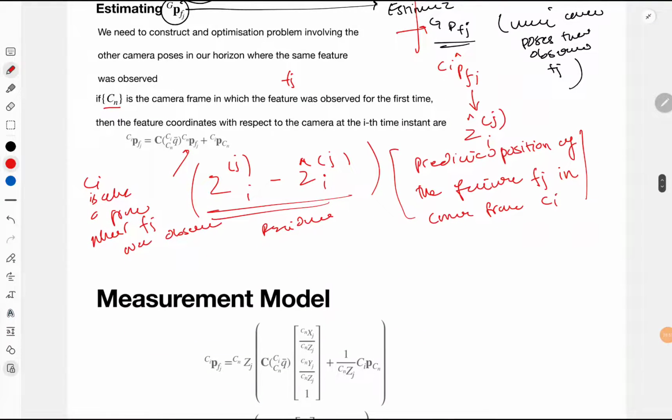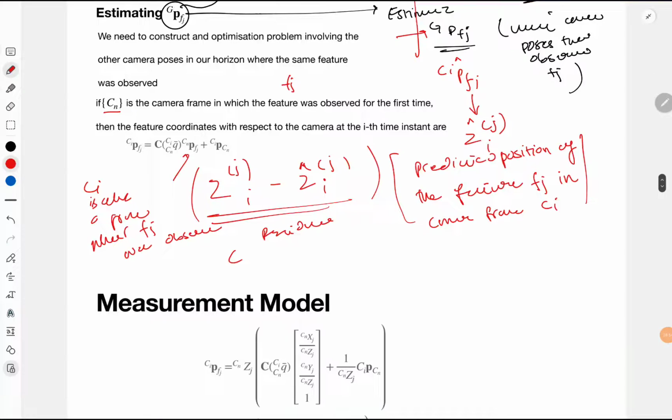Essentially what you have is a sequence of frames. Let's call this Cn, Cn plus 1, Cn plus 2, since this was the first frame, Ci, and onward to some, let's call this Cn.